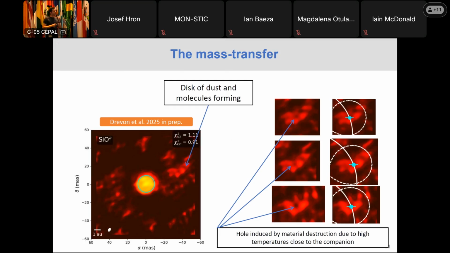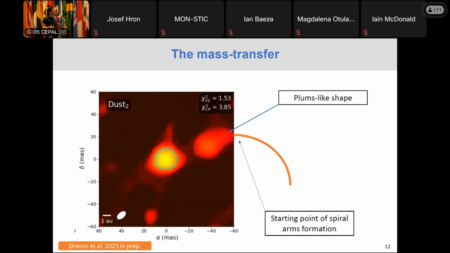We think that this hole is real because we made tests with and without it. We need this hole to reproduce our observations. And we think this is because we are facing the high temperature of this accretion disk close to the companion. That's why we have this hole inside this disk-like structure that we are reconstructing.